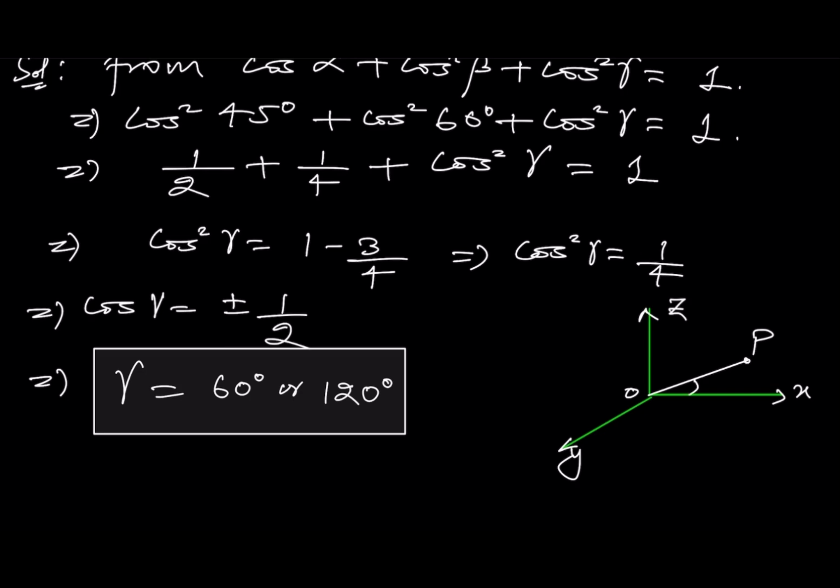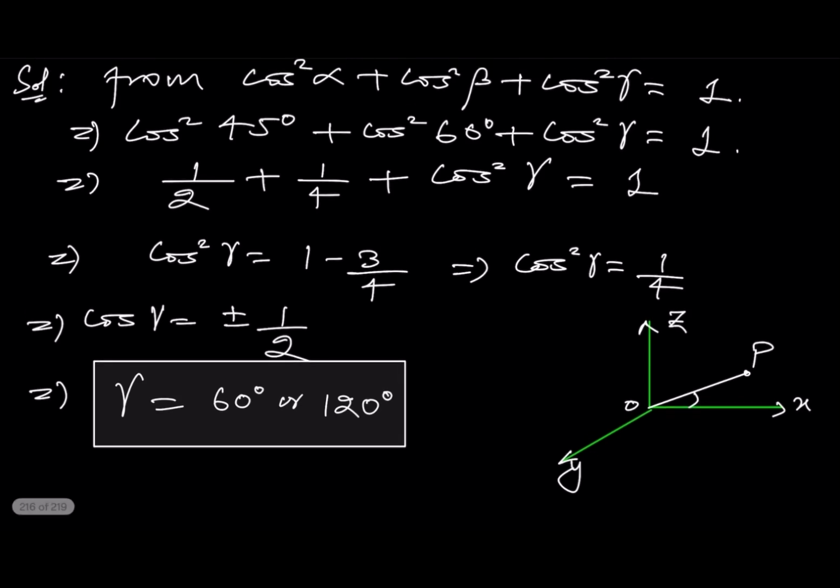If this is 45 degree, this is 60 degree, this angle is 60 if the z-axis is making it with the OP vector. So how can this 120 be possible?